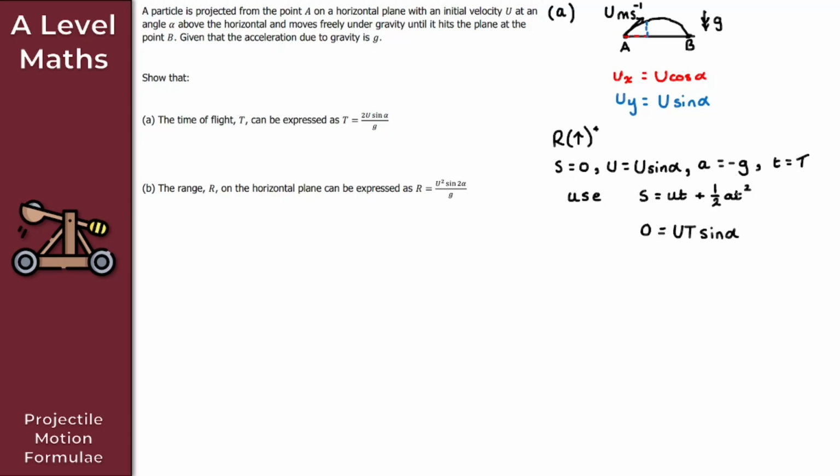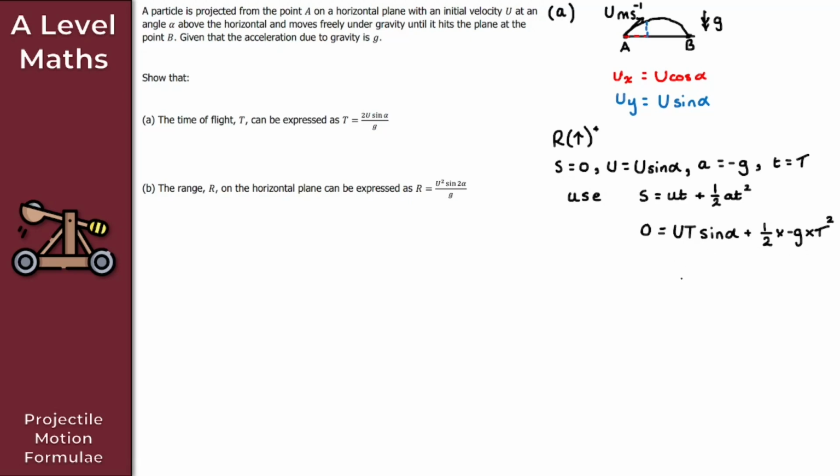We then have a half AT squared. So plus a half AT squared. So A is minus G. So a half times minus G times capital T here. Like so. So in that case then, what I can do here, that should be T squared. Apologies about that.